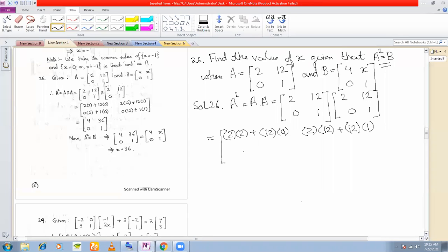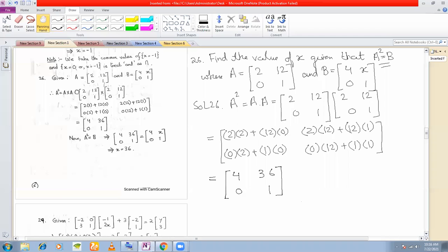Next, second row, first column. Second row, second column. So what is the value of A square you're getting here? This is what you're getting, the value of A square.